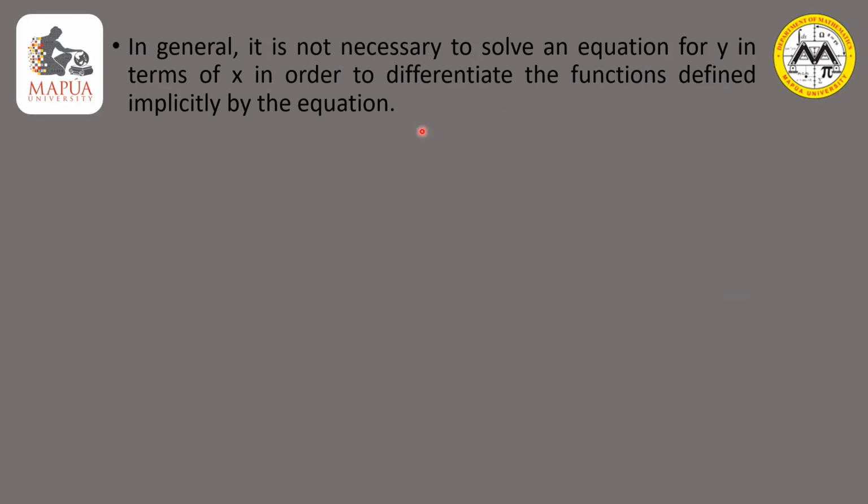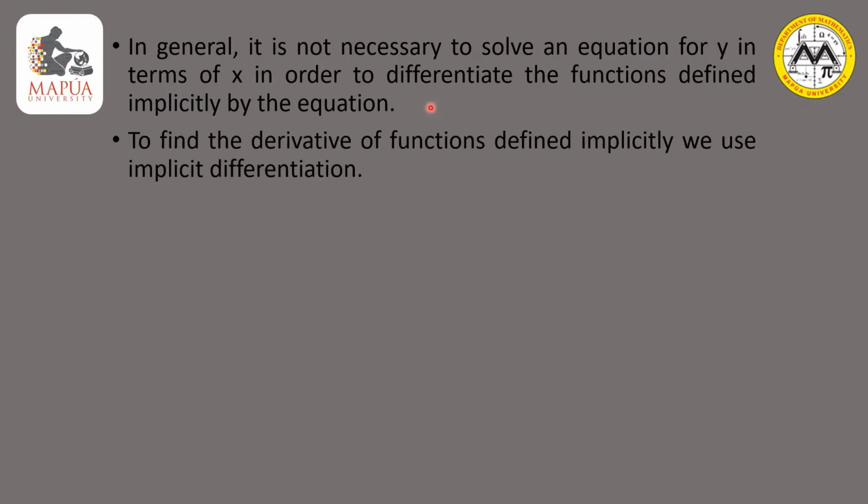In general, it is not necessary to solve an equation for y in terms of x. For the purpose of differentiating a function given in the implicit form, we can determine the derivative using implicit differentiation.